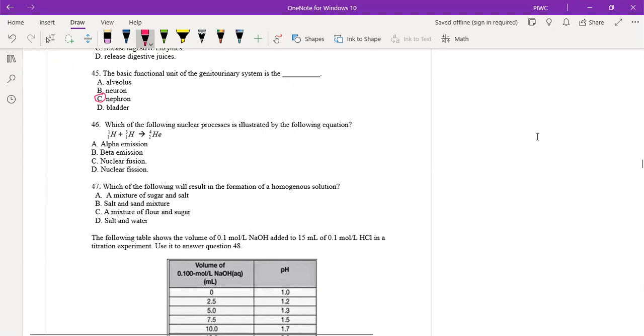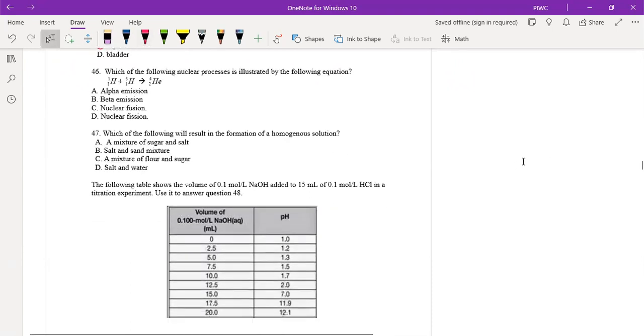And then 46. Okay, someone should try 46. Which of the following nuclear processes is illustrated by the following equation? Alpha emission, beta emission, nuclear fusion, nuclear fission.